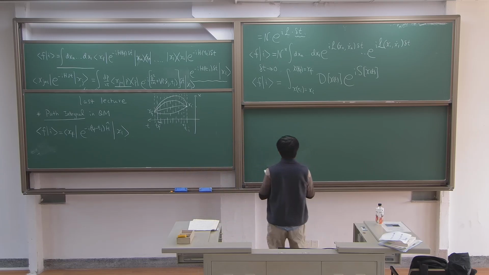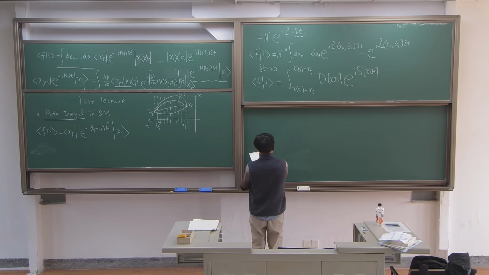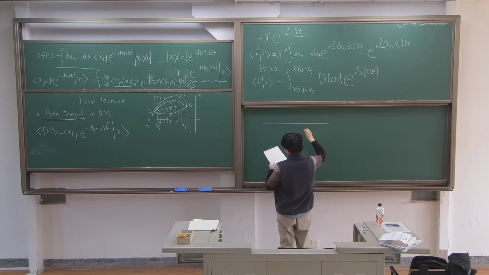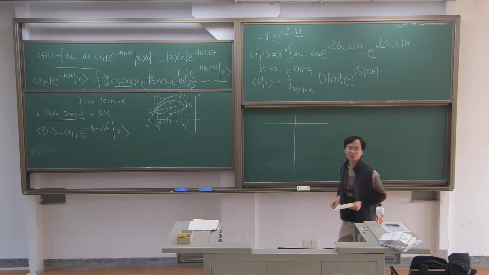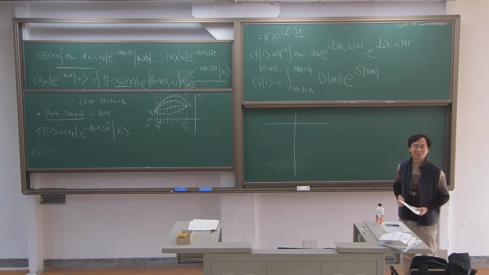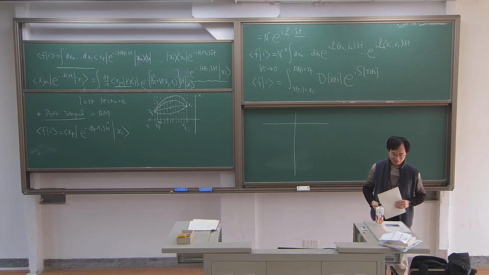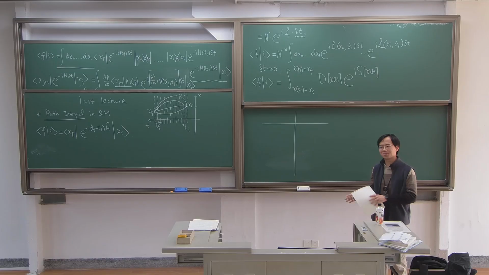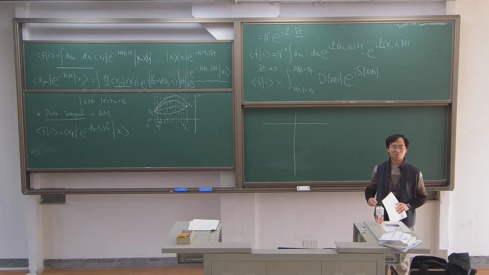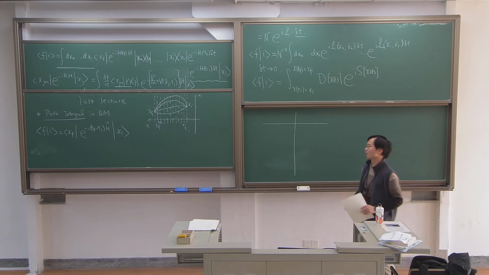But once you push this to the field theory, the first thing, I think the most important thing I have to remind you of, is the table we drew in the first lecture. Because now we want to extend this framework from quantum mechanics to quantum field theory. So you have to be very, very clear about the analogy between quantum mechanics and quantum field theory.